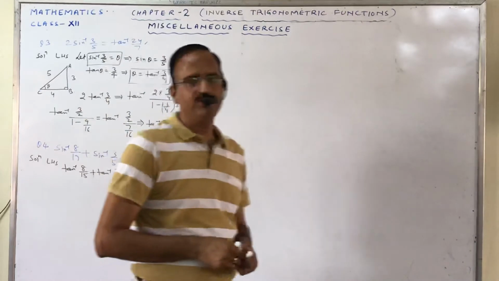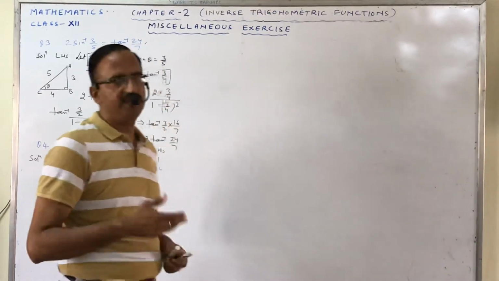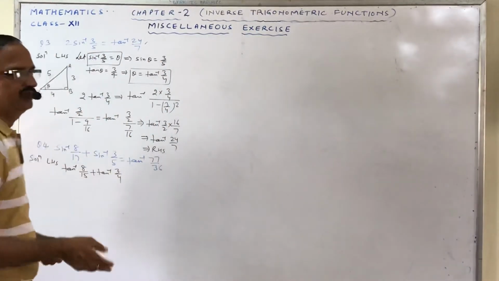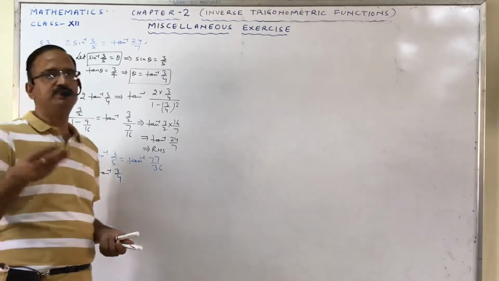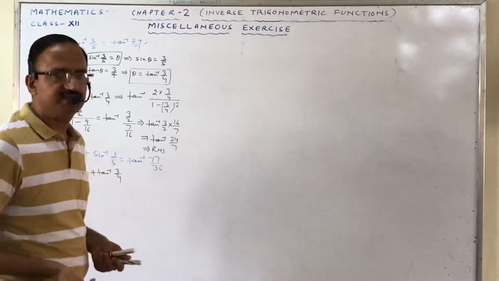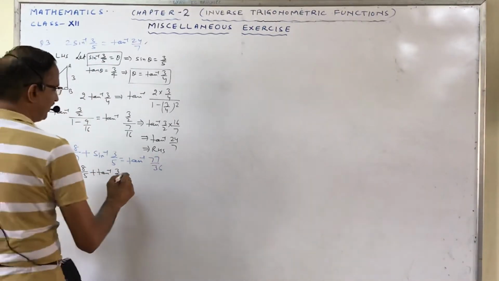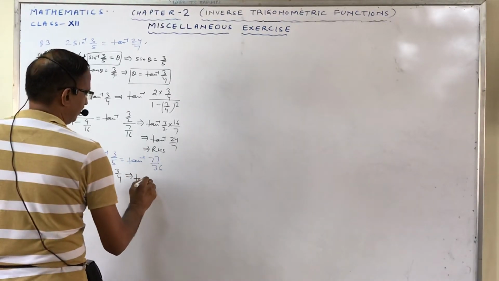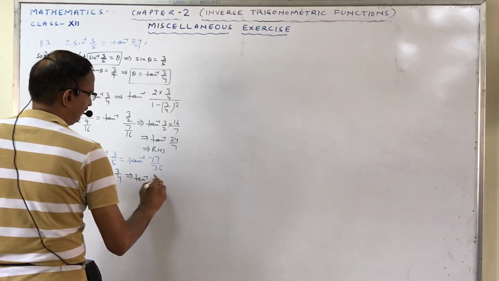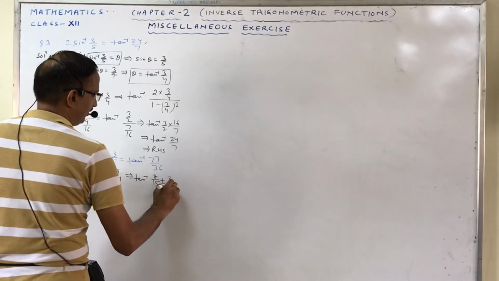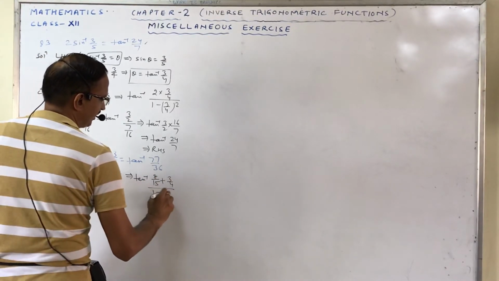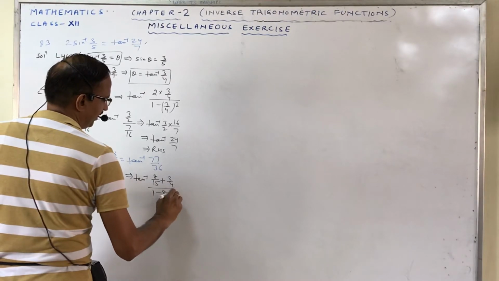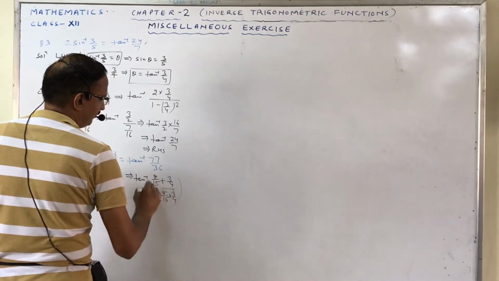So we can use the formula tan inverse x plus tan inverse y equals tan inverse x plus y upon 1 minus xy. So we will apply that formula, and with the help of that we can write this as tan inverse of 8 by 15 plus 3 by 4, upon 1 minus 8 by 15 times 3 by 4.